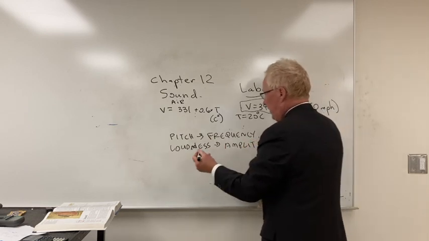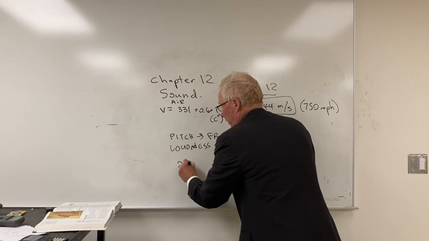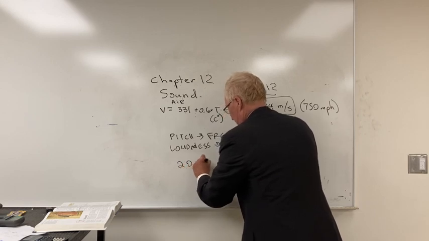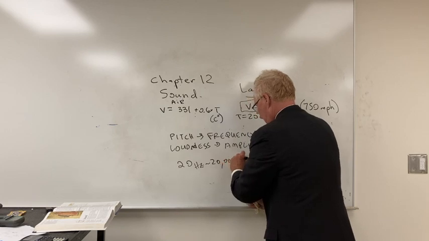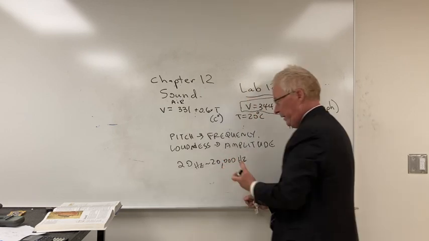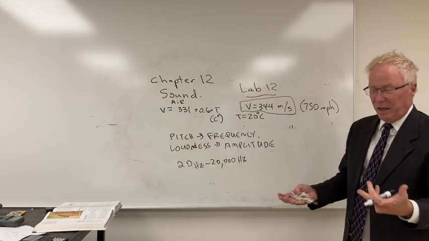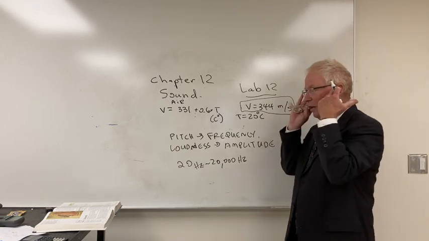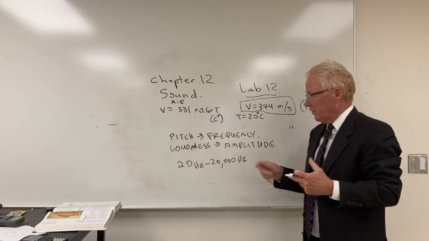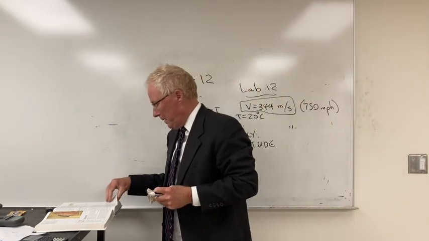The range of human hearing goes from approximately 20 hertz up to approximately 20,000 hertz, where this upper range generally decreases with age. So this is a little bit related to human hearing and these characteristics.